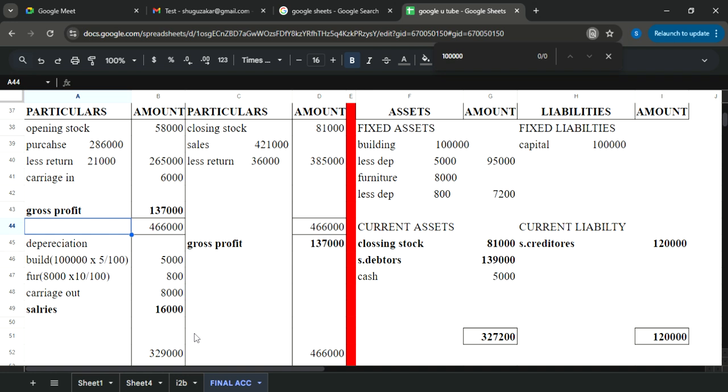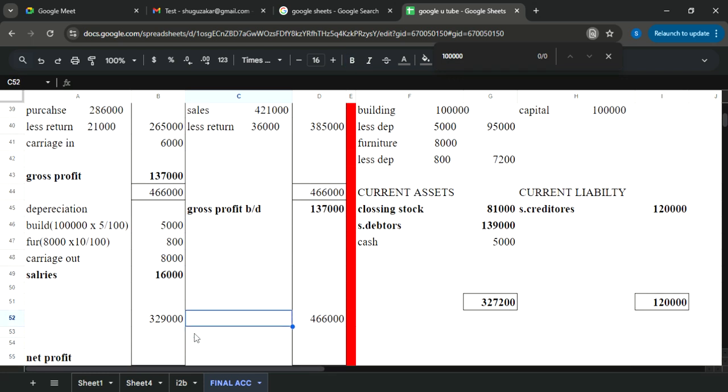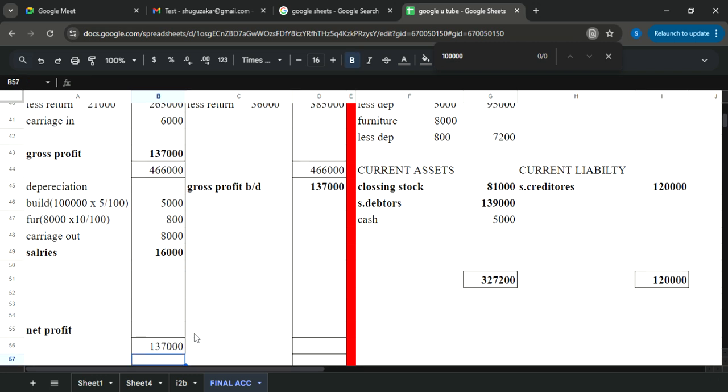This gross profit, as you know, is to be considered as brought down. We are mentioning BD over here. After which these totals which we have made were just for calculation, rough work. We are going to delete it, and same procedure we will start again.